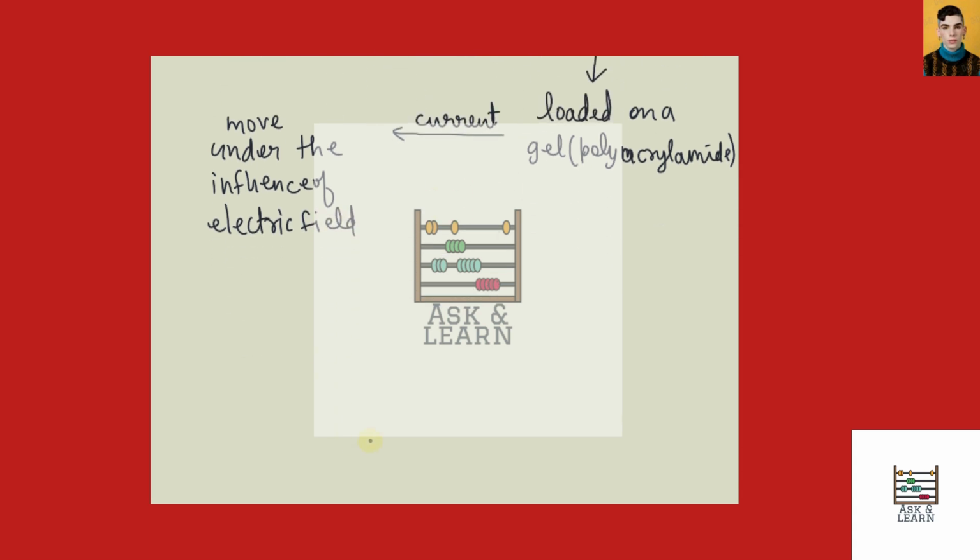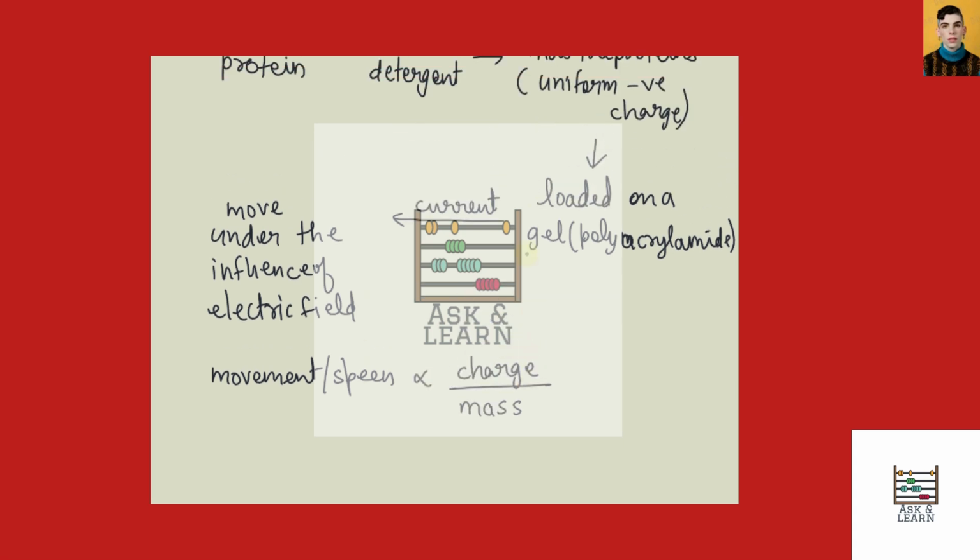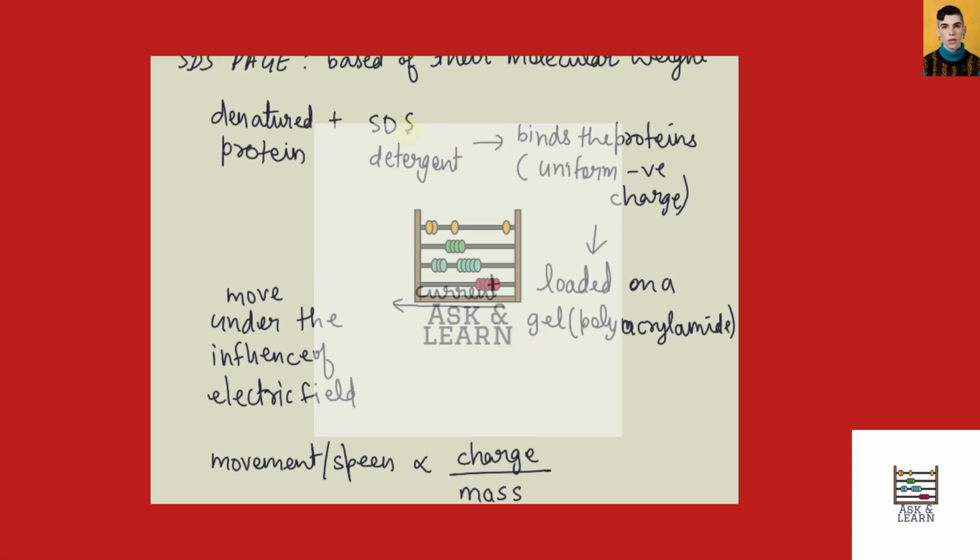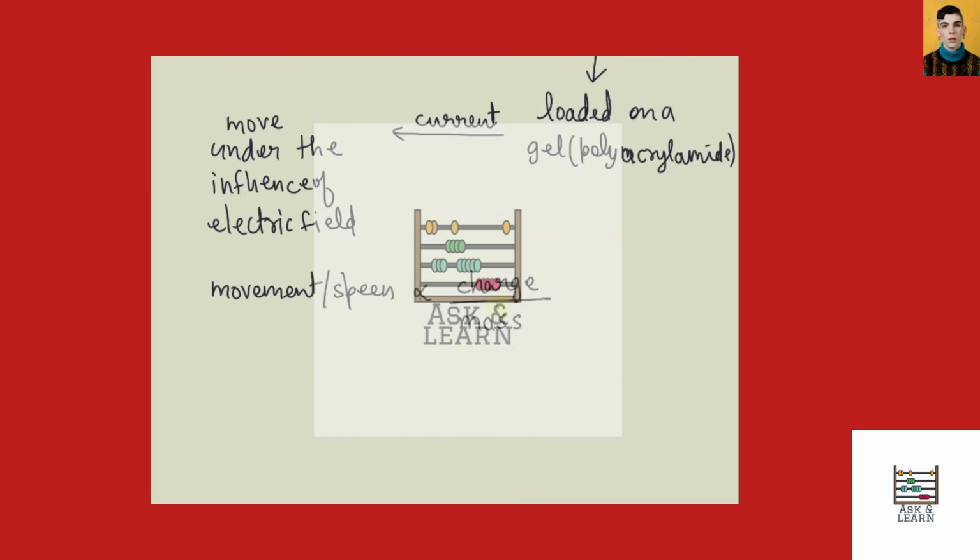Now the movement, or we can say the speed, under the influence of electric field is directly proportional to charge divided by mass. Since binding them in the initial state with SDS detergent gave them a uniform negative charge, so we can say that charge is the same for all the bound proteins.